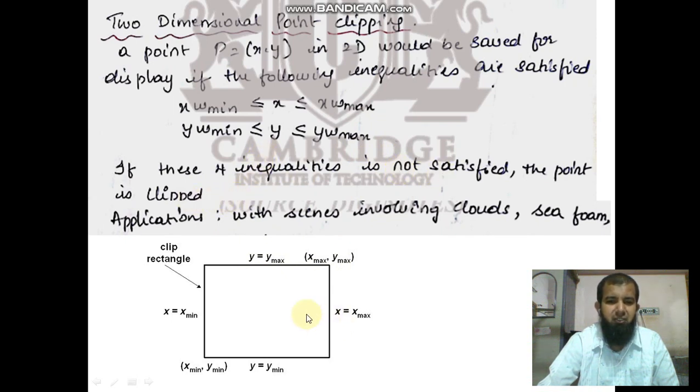Assume the point is on the right side, top, left, or bottom, then the point can't be displayed. Applications are in scenes involving clouds, sea foam, etc.